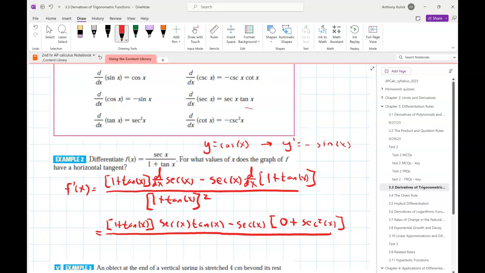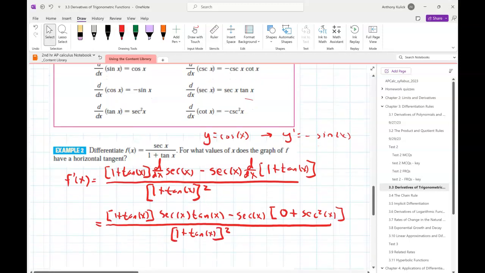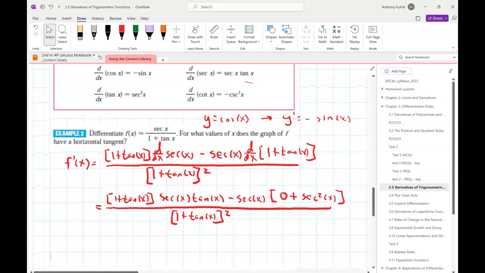And I am going to leave this as 1 plus tangent x. I don't see any benefit I'm going to gain by foiling this out at the moment. So rather than foiling it out, I'm just going to leave it the way it is. Is that okay with everybody?